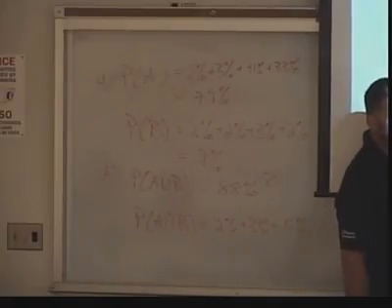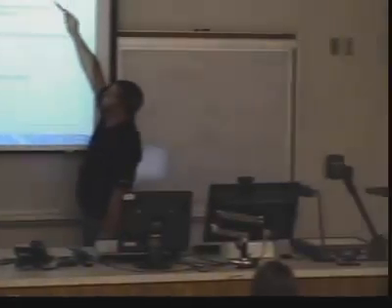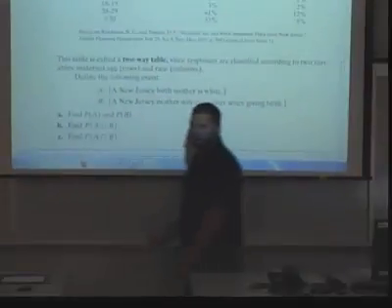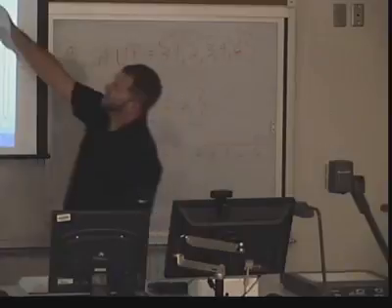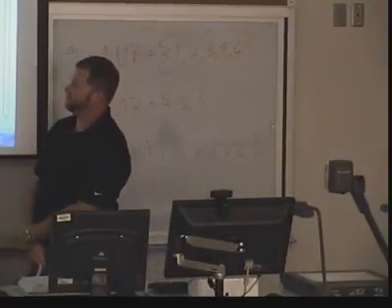Should give us the rest of our 100%. But what's the percentage of being black and not a teenager? That'd be 12% plus 5%, which would be 17%. If I add 17% and 88%, that's more than 100. We've counted something twice. And what we've counted twice is the white teenage mothers.